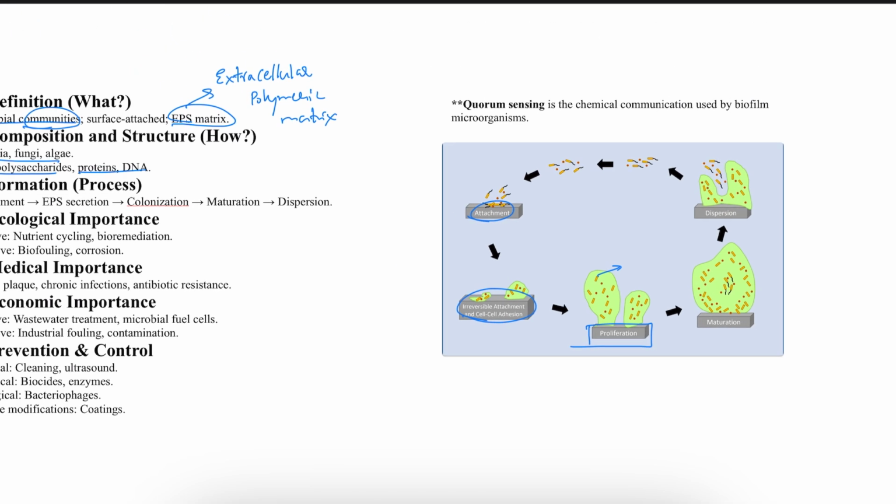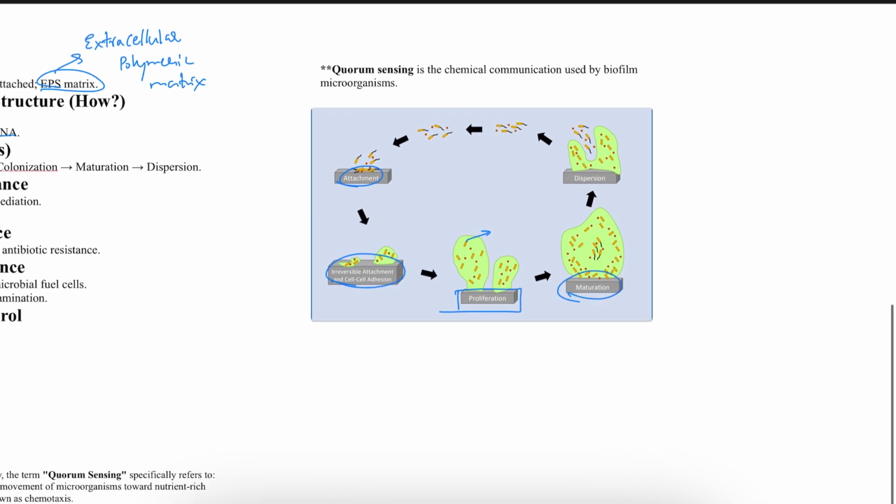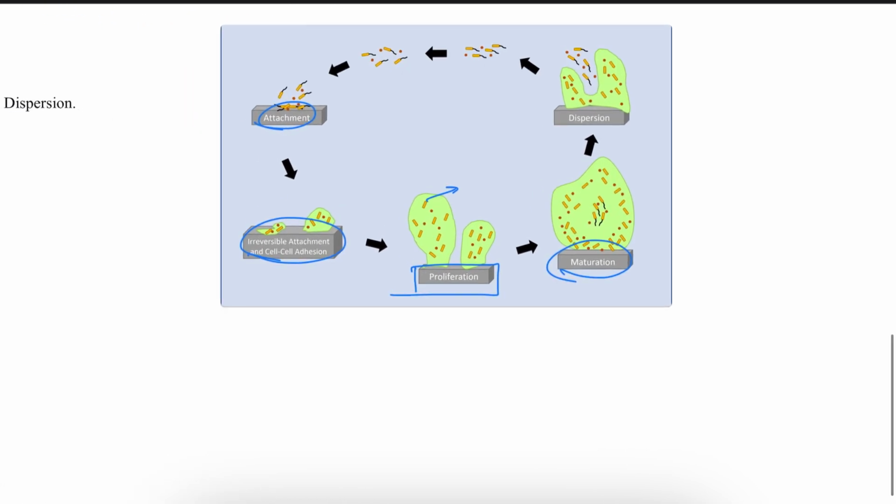In the fourth stage, we have the maturation stage, where the biofilm structure becomes more complex. It is characterized by channels. These channels are used for nutrient and waste transportation.